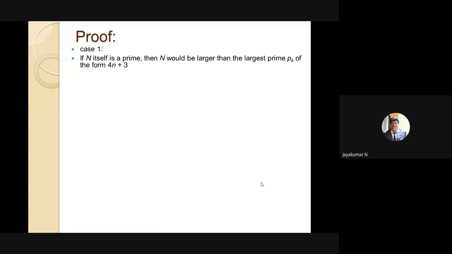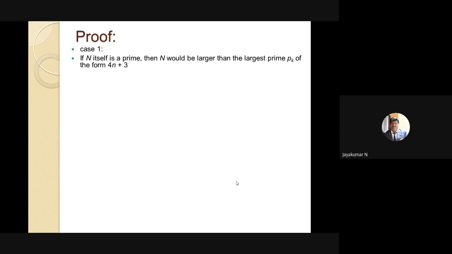Case 1: n itself is a prime. I am going to analyze whether n is prime or composite, because n has the form 4n plus 3, so definitely it is a positive integer.